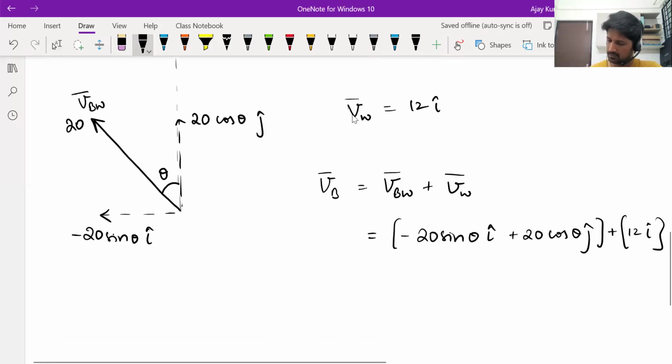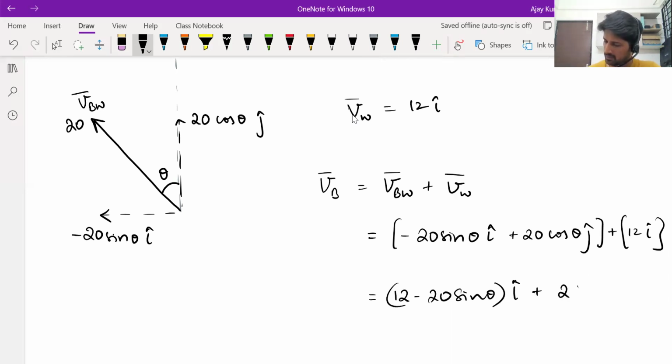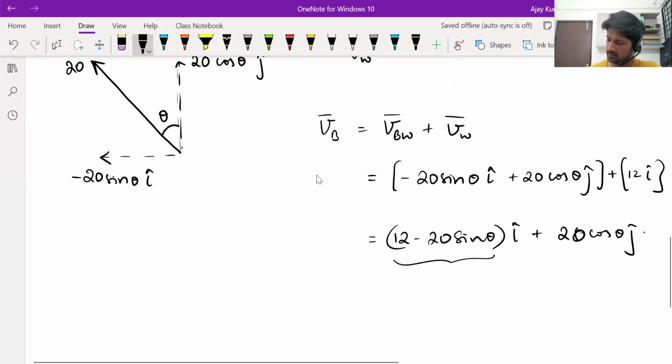Add these two. As a single vector, it becomes 12 minus 20 sine theta i cap plus 20 cos theta j cap. Therefore, effectively, this is the x component of the boat's velocity and this is the y component of the boat's velocity.